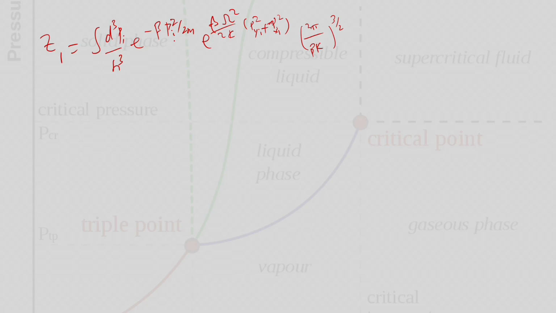So, again remember, what is p squared? p squared is nothing but pxi squared plus pyi squared plus pzi squared.